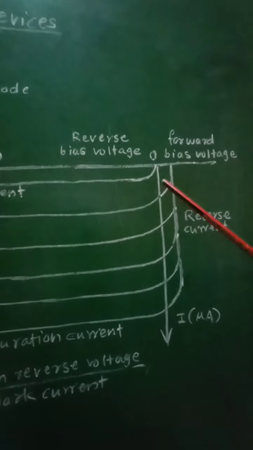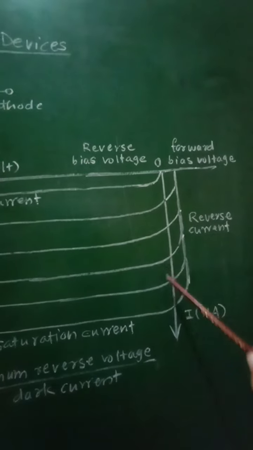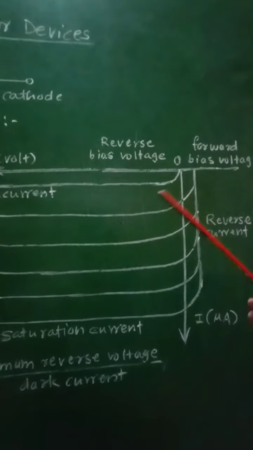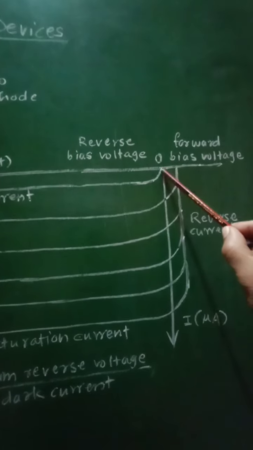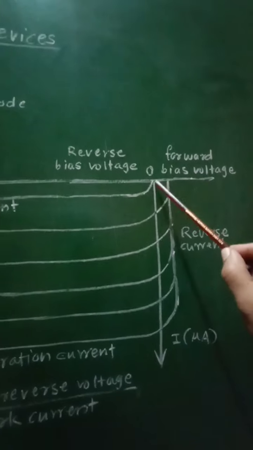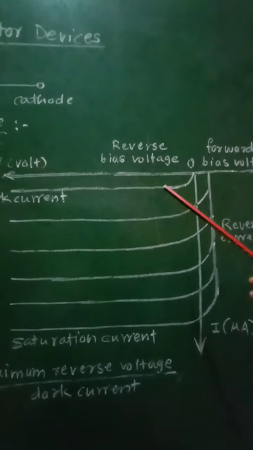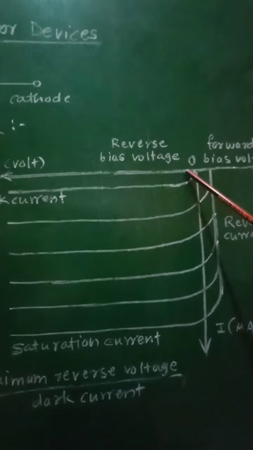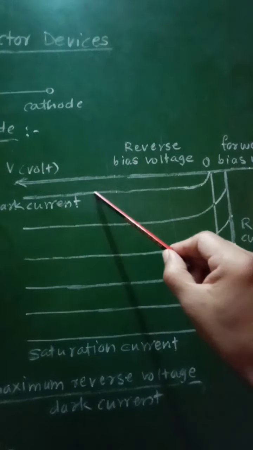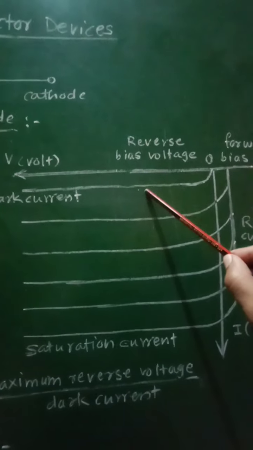are as shown. So if you plot potential against current graph, then in this case towards the right of the origin there will be forward bias voltage, towards the left side it will be reverse bias voltage. Then a very small current first of all will flow, and that will be nothing but the dark current.